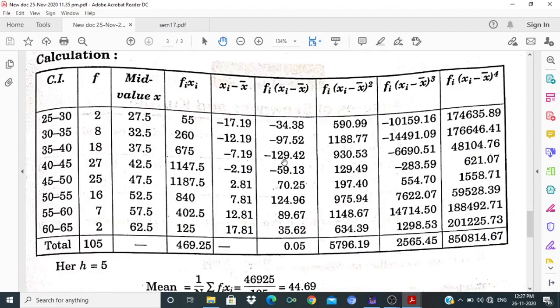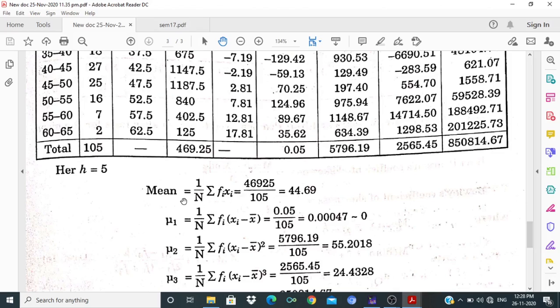Look here, this is a 6-digit number, fi into xi minus x bar. First calculate x bar from sigma fi xi, the mid value. Subtract x bar from every x. Then this is fi into square of xi minus x bar, fi into cube of xi minus x bar, and the summations.